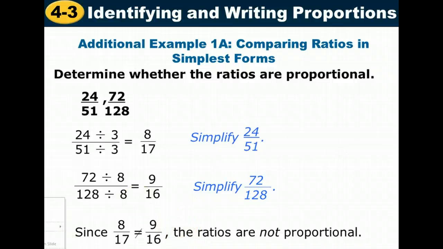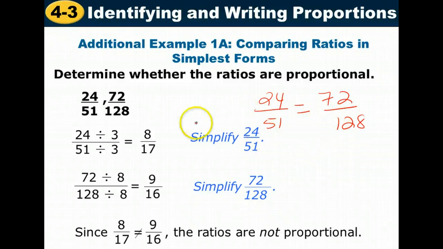I will show you guys to the side another way that we can identify if they are proportional. So for example, we have 24 to 51, let's see if it is equal to 72 to 128. One thing about proportions is that their cross products should equal one another. What do I mean by that? If I have, let's say, 2/3 is equal to 4/6, their cross product means that when I multiply 4 times 3, it gives me 12.